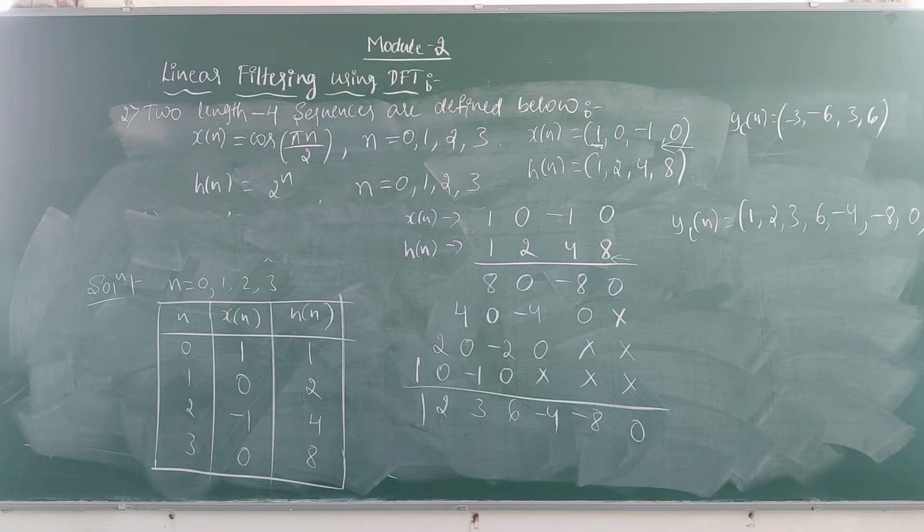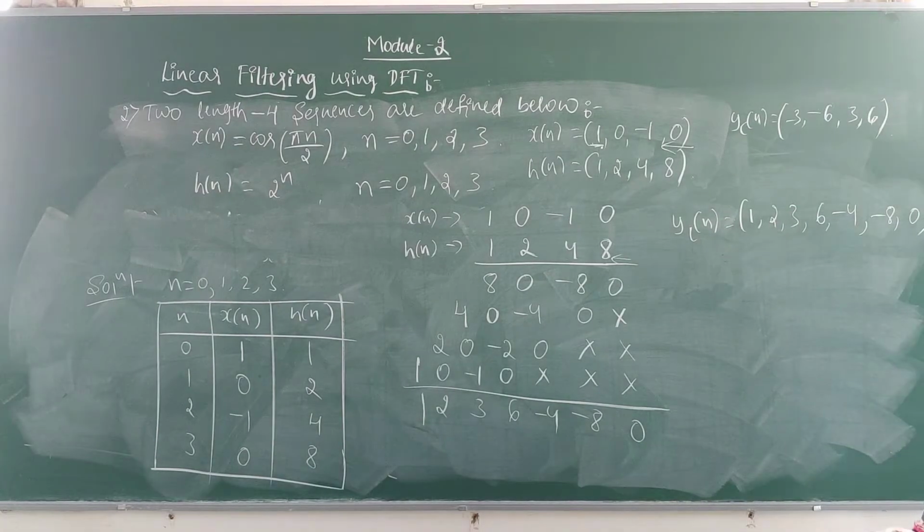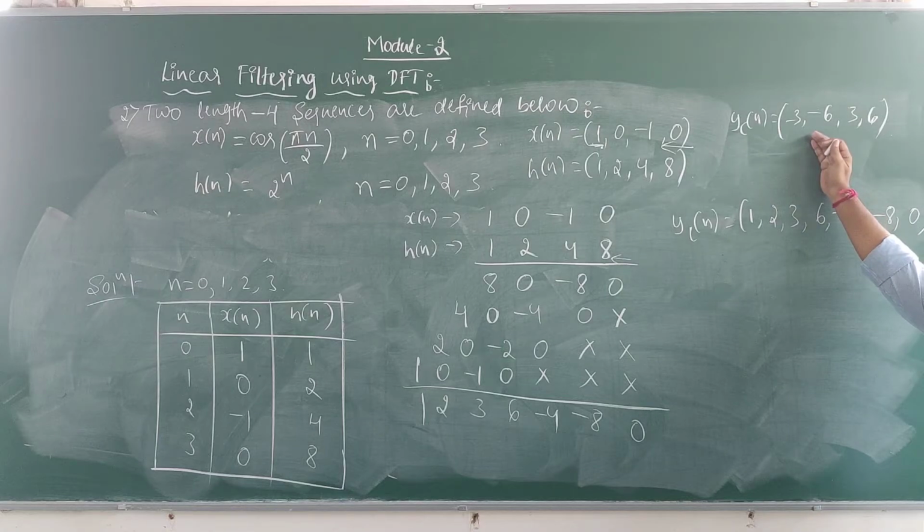So here there is a relation between linear convolution and circular convolution. There is a relation between this yL of n and this yC of n. So what is that relation? We shall see that now.